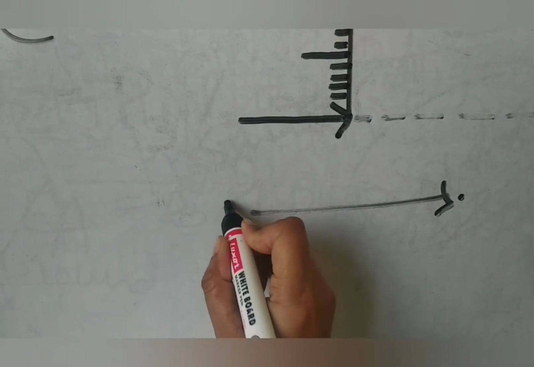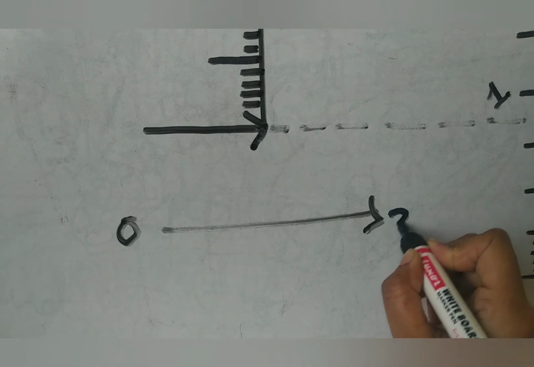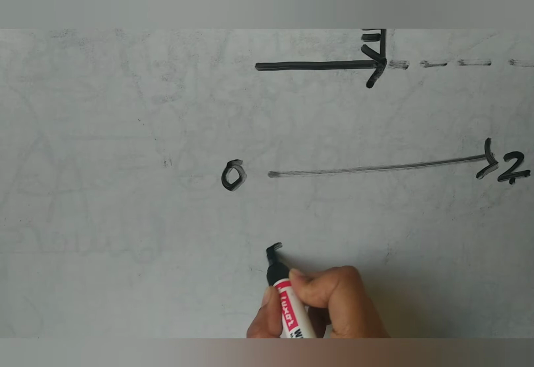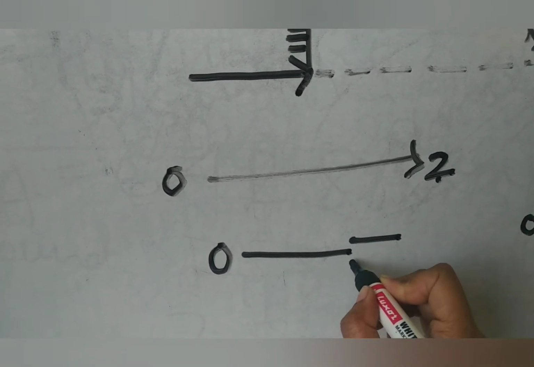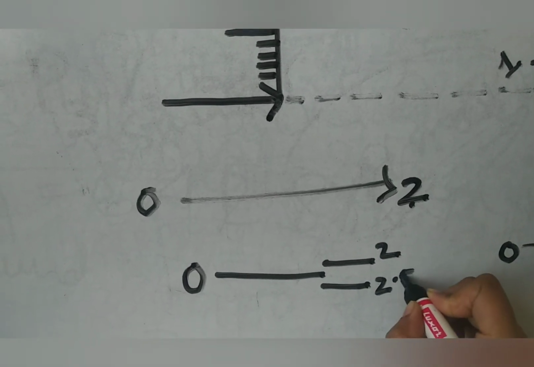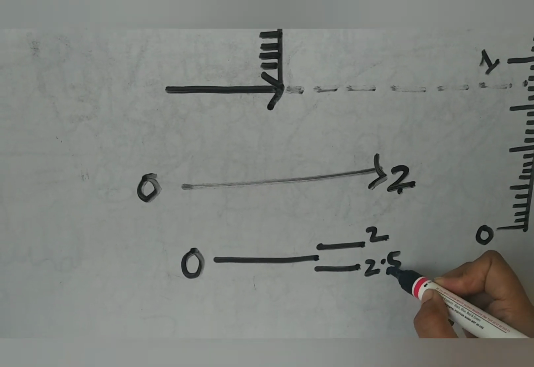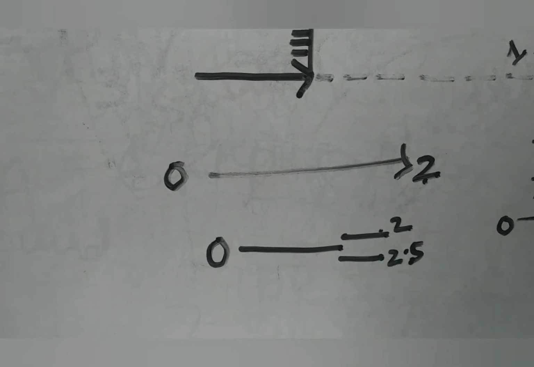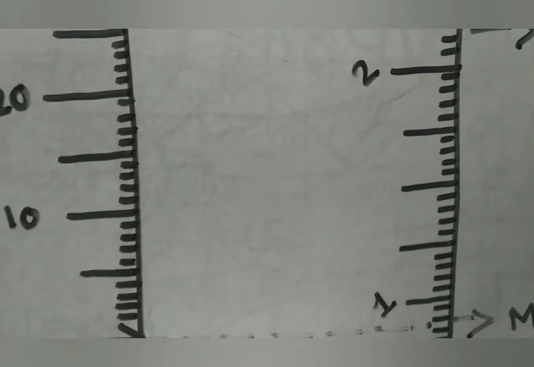Suppose the Vernier 0 is coinciding with the main scale reading 2. Then we can easily take the main scale reading as 2. But if it is not coinciding, suppose the 0 is between 2 and 2.5, we can take either 2 or 2.5. No harm in that, any one we can take. Next, what will be the Vernier scale reading?